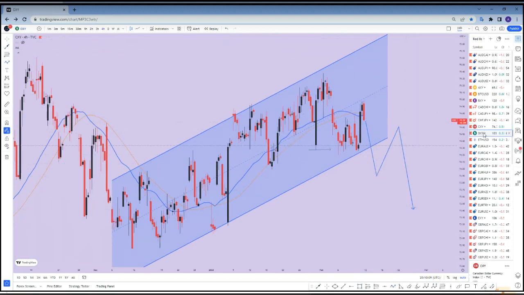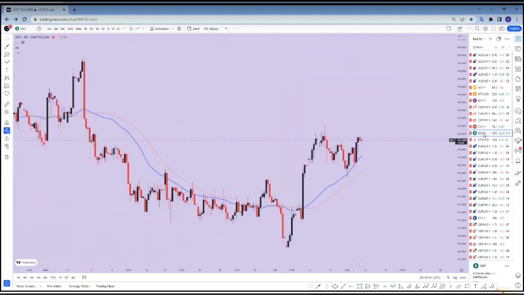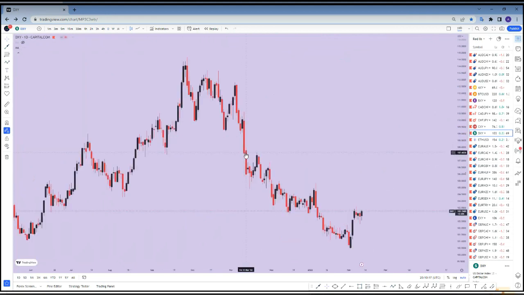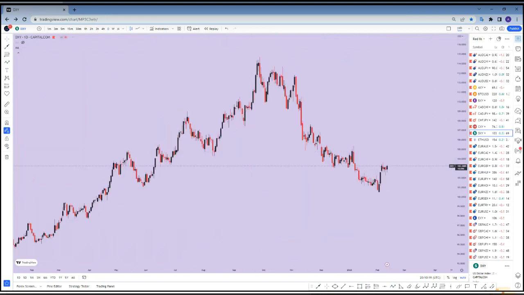Then up next, the dollar index, which is the DXY. Let's go to the daily time frame and start from there. From the daily time frame, this is what we have.